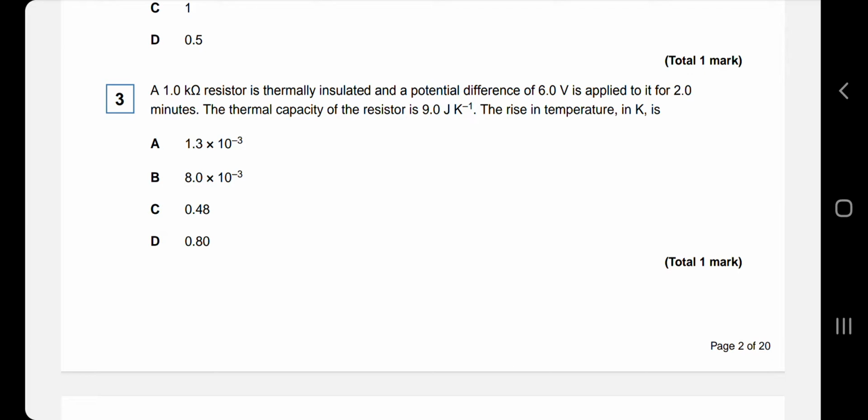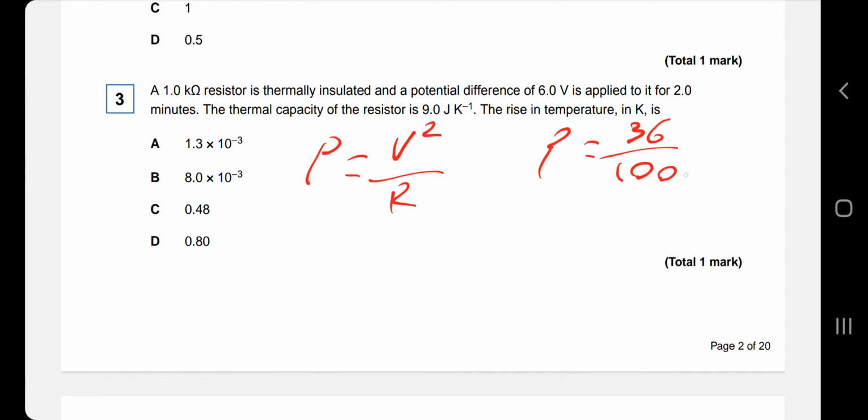So what we need to do in this question is calculate the power. So the power is equal to V squared divided by R. So power is equal to V squared, 6 squared is 36, divided by 1000. This is 0.036 watts.